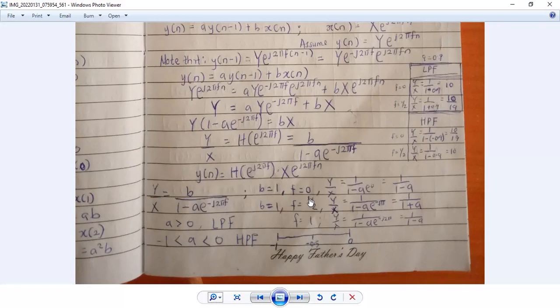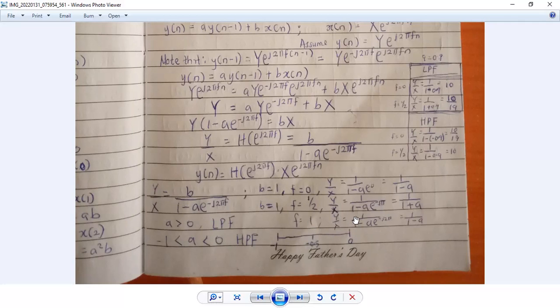Then if F is equal to half, so putting half in place of F, the transfer function becomes 1 divided by 1 plus A. Then if we set F equal to 1, this indicates high frequency.